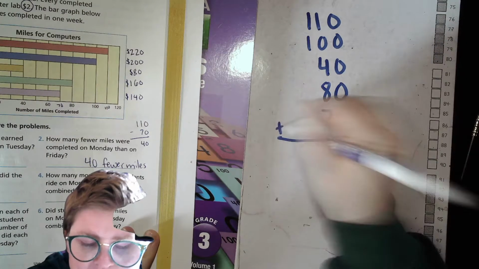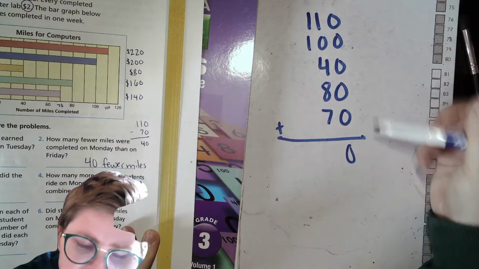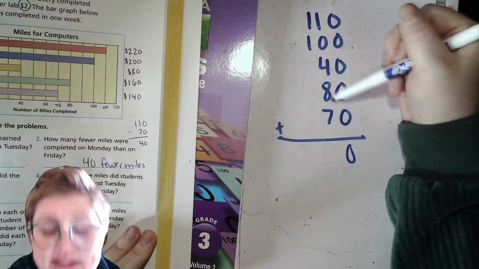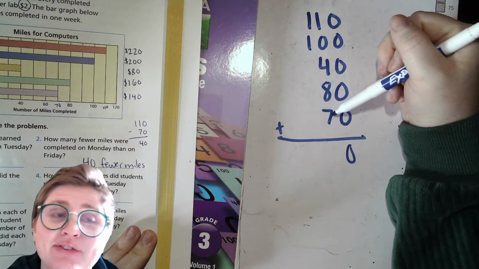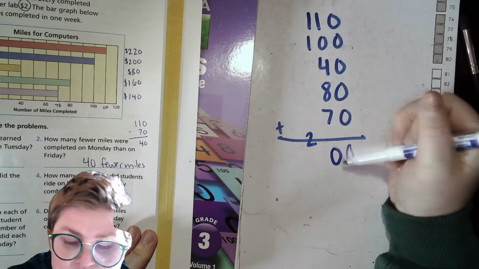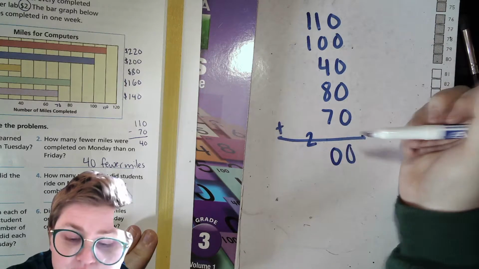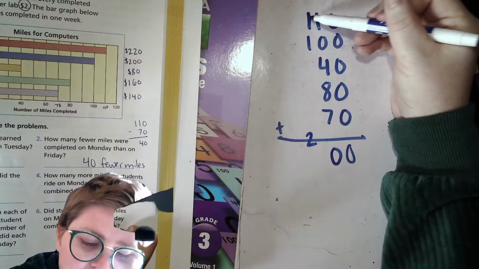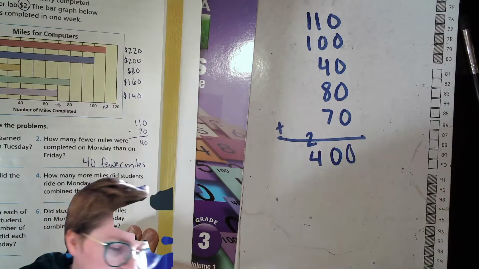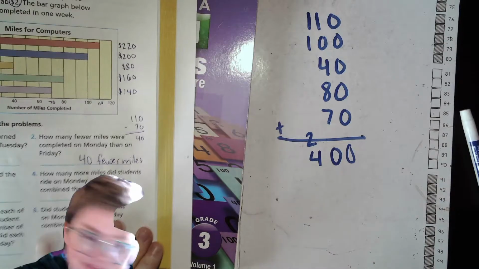Okay, add them up. Zeros all the way down is 0. 1 plus 4, that's 5. Plus 8 plus 7. Well, 8 plus 7 is 15. So that's 200, right? 2 groups of 10 tens. So 1 plus 1 plus 2 is 4. 400 miles. Good for them. That's great.